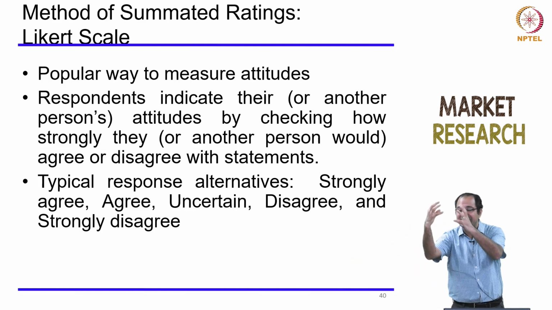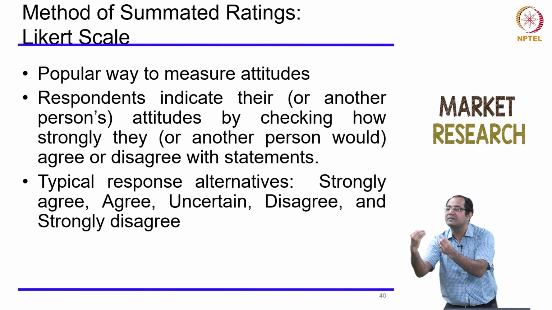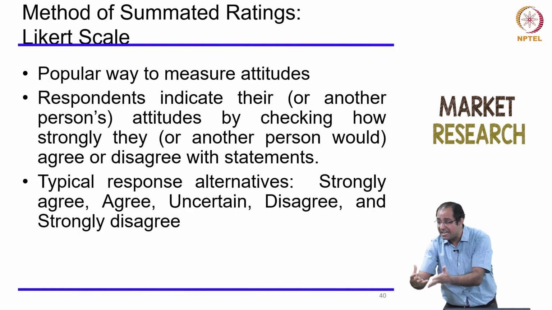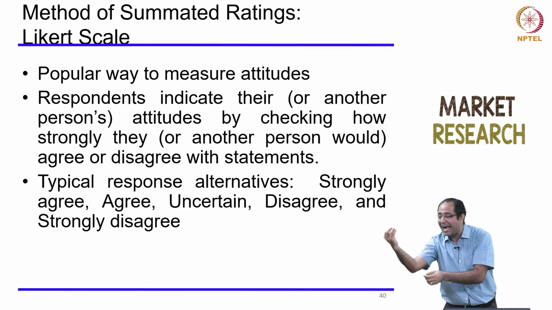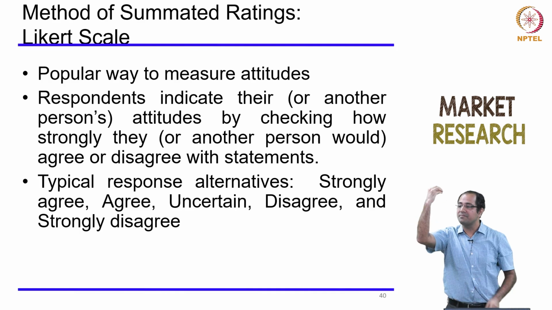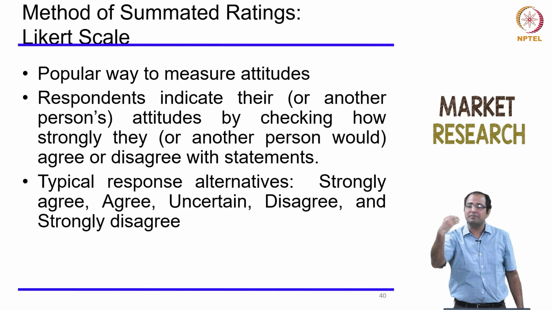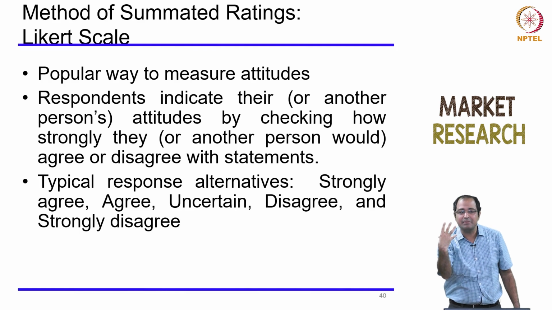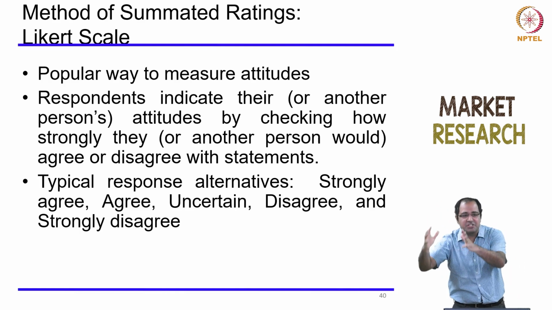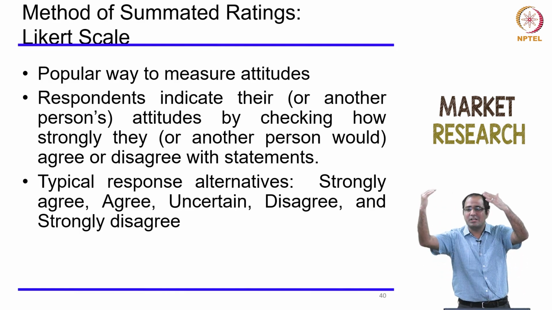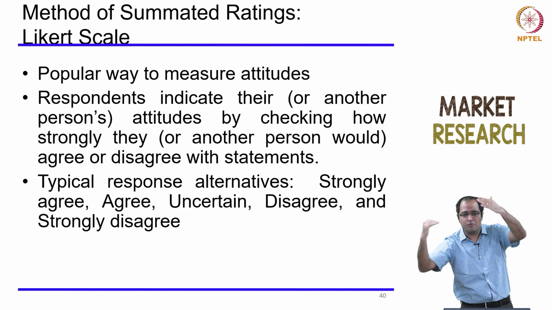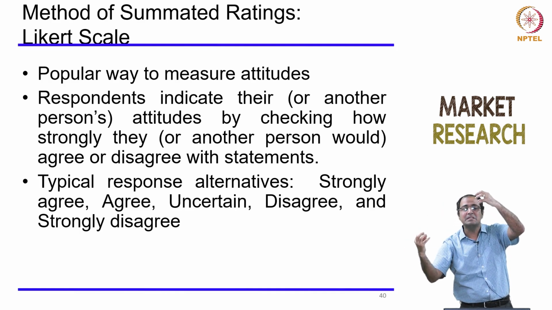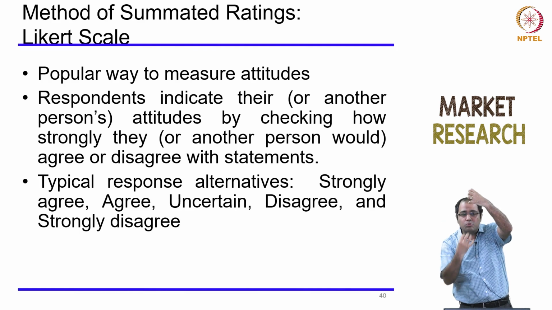So when I use multiple statements to measure a concept, that becomes a Likert scale. Otherwise it is a Likert item, and you can measure the same concept through either one statement or multiple statements. When you are using multiple statements, you will take the average. Let's say 5 statements are there, you have scores 5, 4, 4, 4, 4. Take the average, that is the score on the concept that is measured through 5 statements.